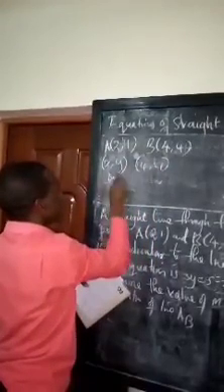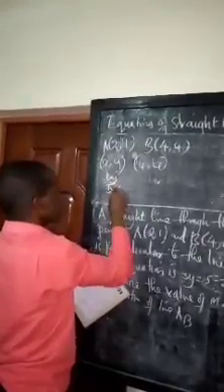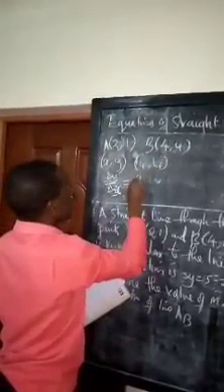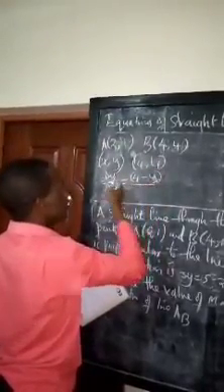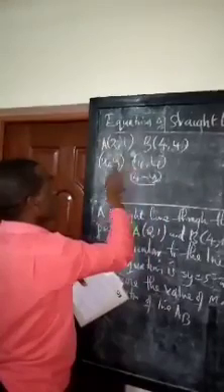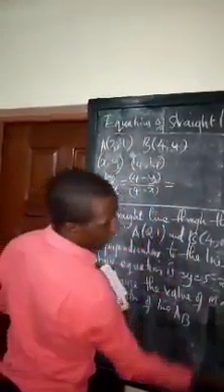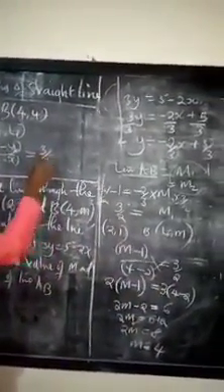Change in y over change in x is equal to the gradient. This will give us (4 minus y) over (4 minus x), which is equal to our gradient, 3 over 2.